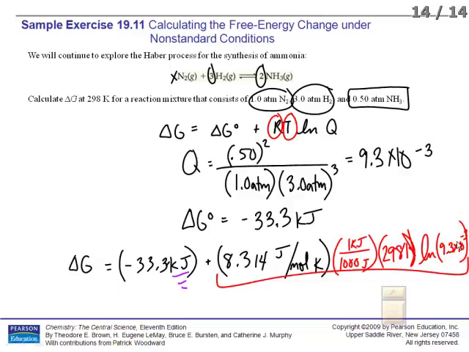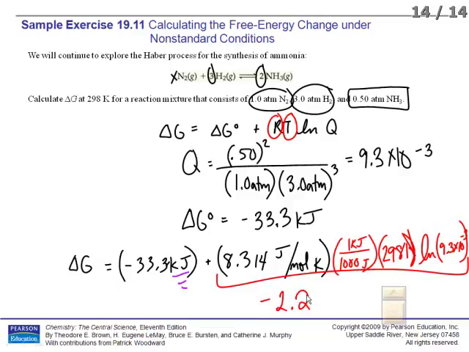Alright, here we go. 8.314 divided by 1,000 times 298. Alright, now times, open parentheses, natural log. That's basically 0.0093. Right? Yeah, 0.0093. Close those parentheses. Okay, I get negative 2.2 for this back value back there.